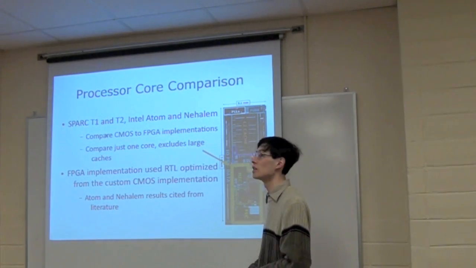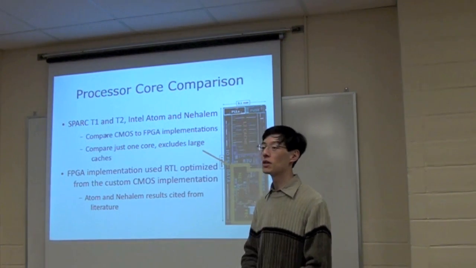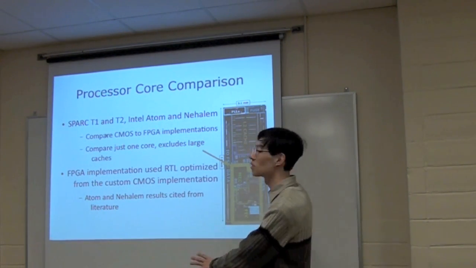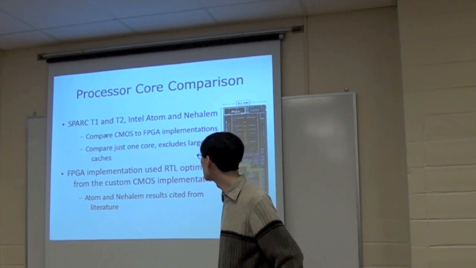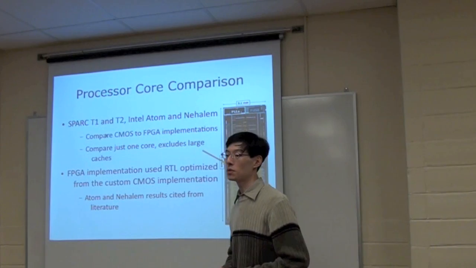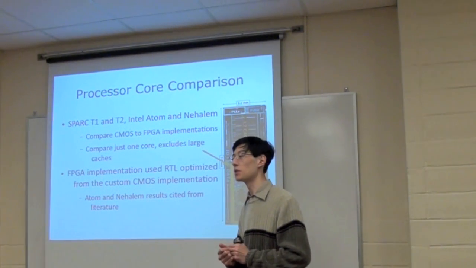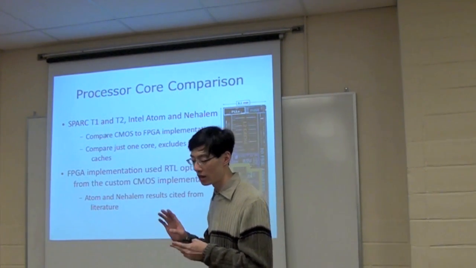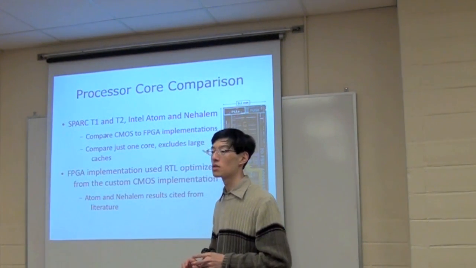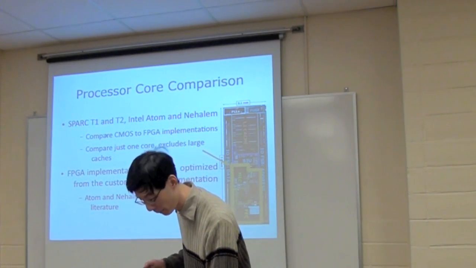It doesn't include the large L2 or L3 caches. And we compare them to the area of a custom processor calculated from die photos, as this sort of demonstrates. The FPGA implementations used RTL that is slightly optimized from the custom implementation. The Sun processors come from the OpenSPARC project, and the Intel processors come from their work. So we didn't synthesize the Intel processors.